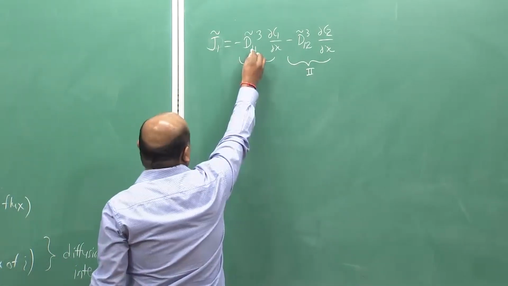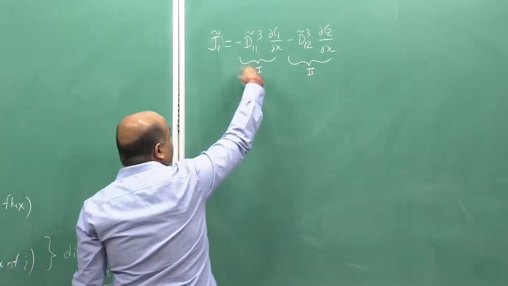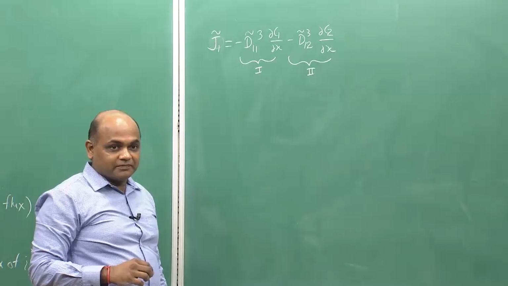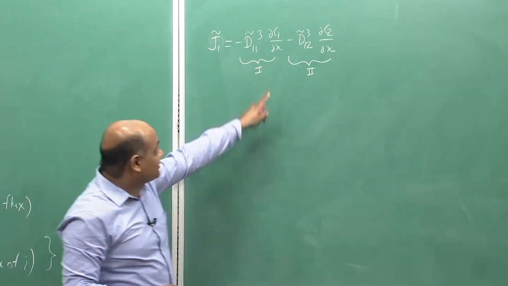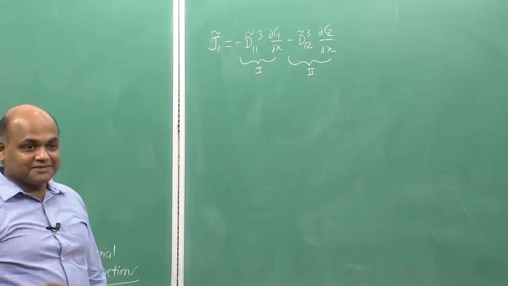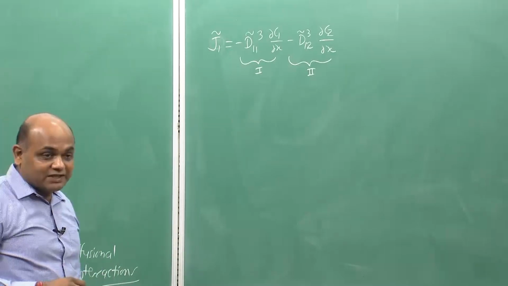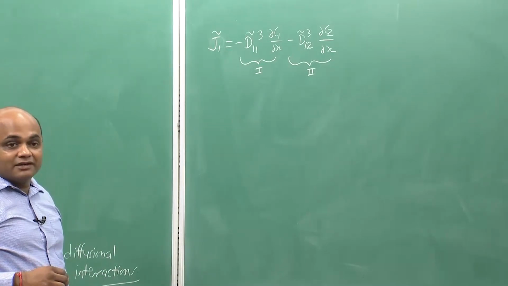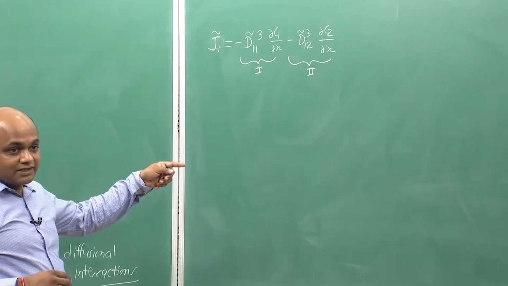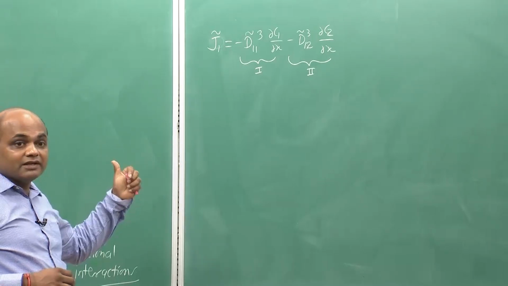Let us suppose this is always positive, then the first term should be, depending upon the sign of the gradient, again the entire term may be positive or negative. So, what is the convention? Typically, if the flux moves from left to right, it is given a positive sign. If the flux is from right to left, it is given a negative sign.